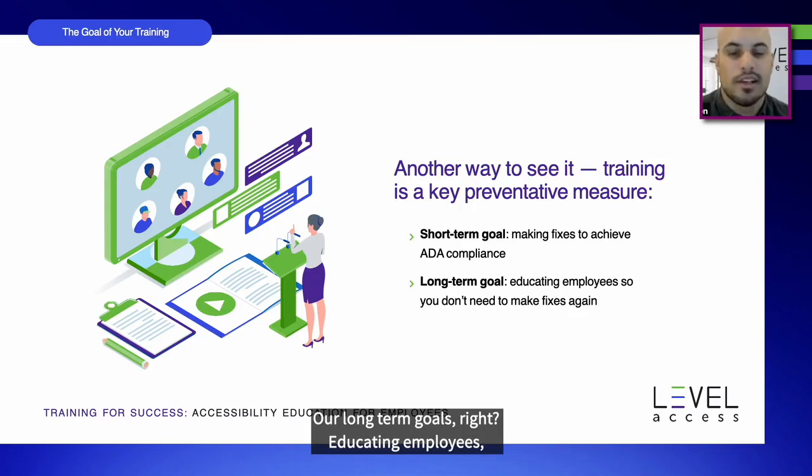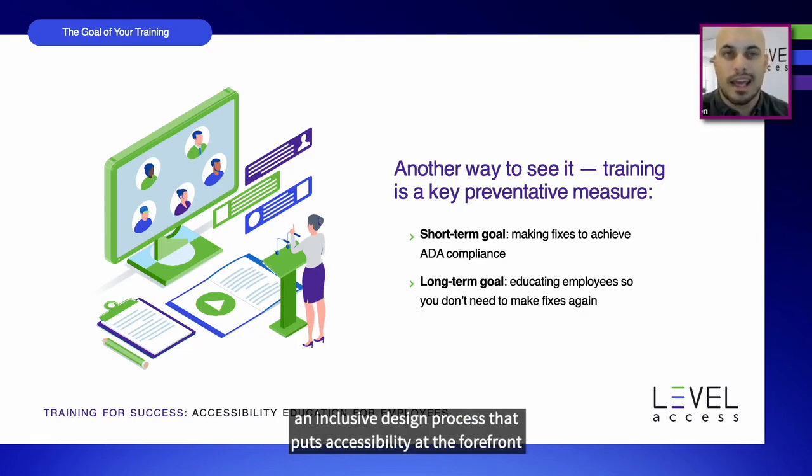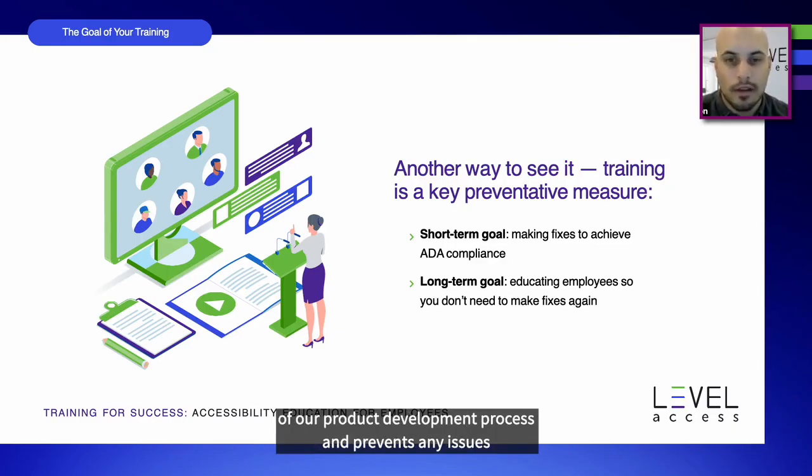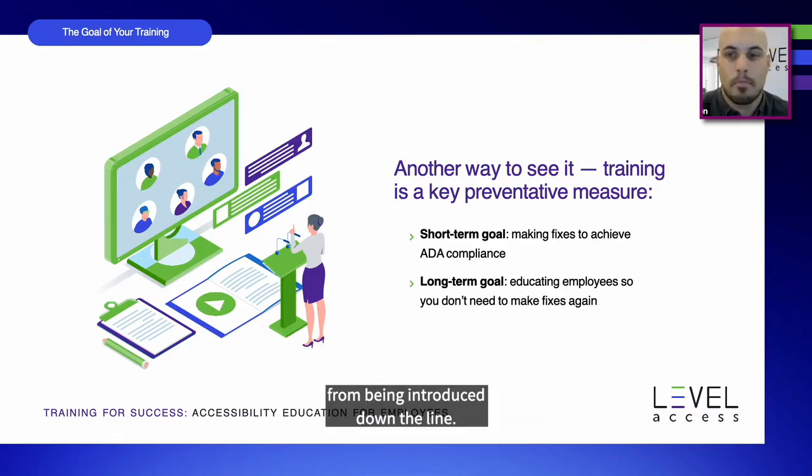Educating employees so you don't have to do this again in the future, so that you can begin an inclusive design process that puts accessibility at the forefront of our product development process and prevents any issues from being introduced down the line.